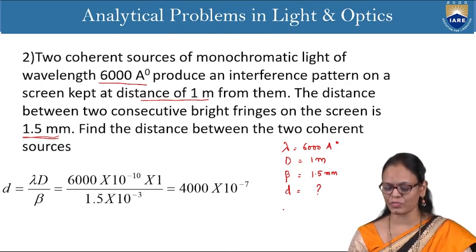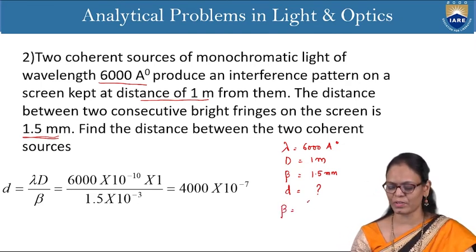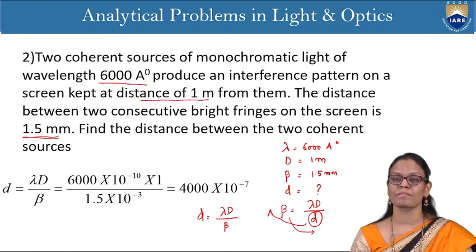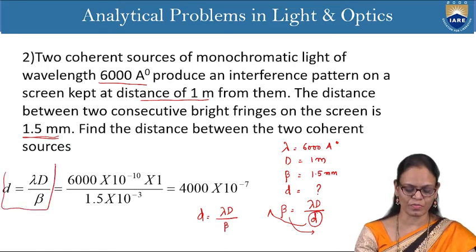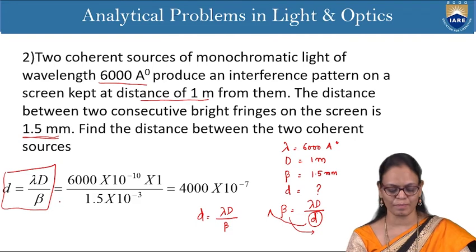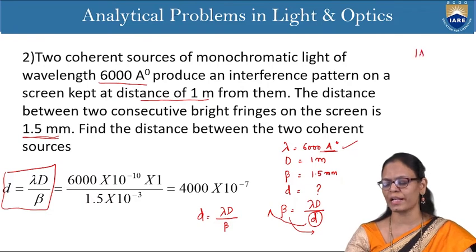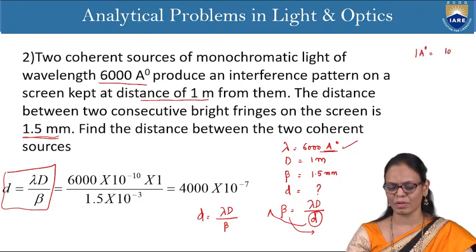So we have the formula for beta. Beta is equal to lambda D upon small d. Now we have to find small d. So we'll take small d here and beta will come here. So what will be the formula? Small d is equal to lambda D upon beta. So we are going to use the formula lambda D by beta. So what is lambda? 6000 angstrom, and we are going to convert this into meter. 1 angstrom is 10 power minus 10 meter.